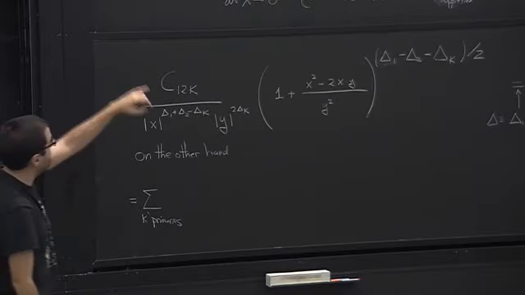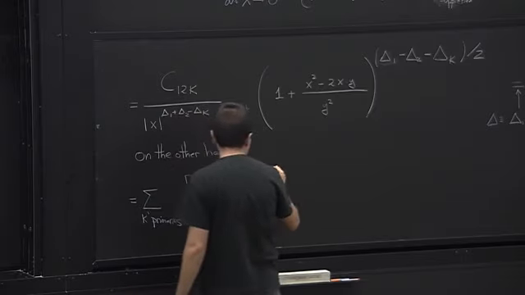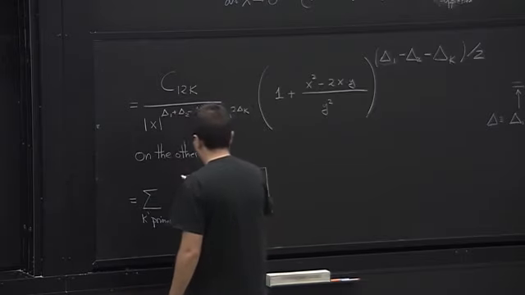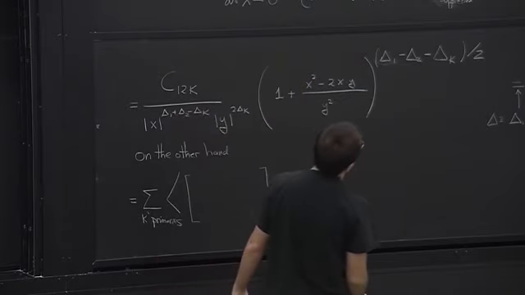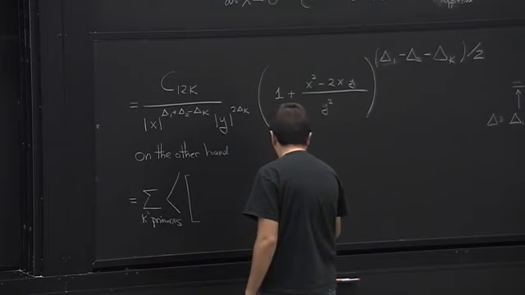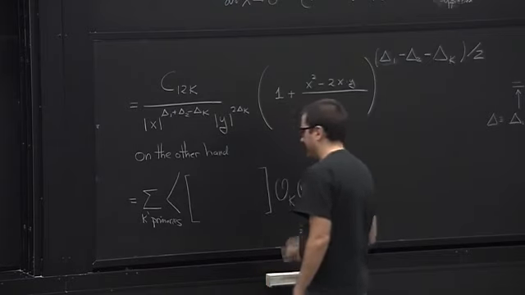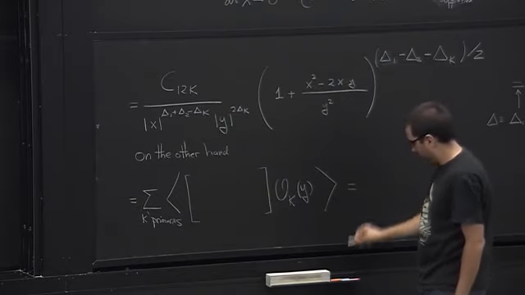And then I have this big bracket that we wrote there, the correlation function between that big bracket and the operator OK at y. So this is this bracket here.